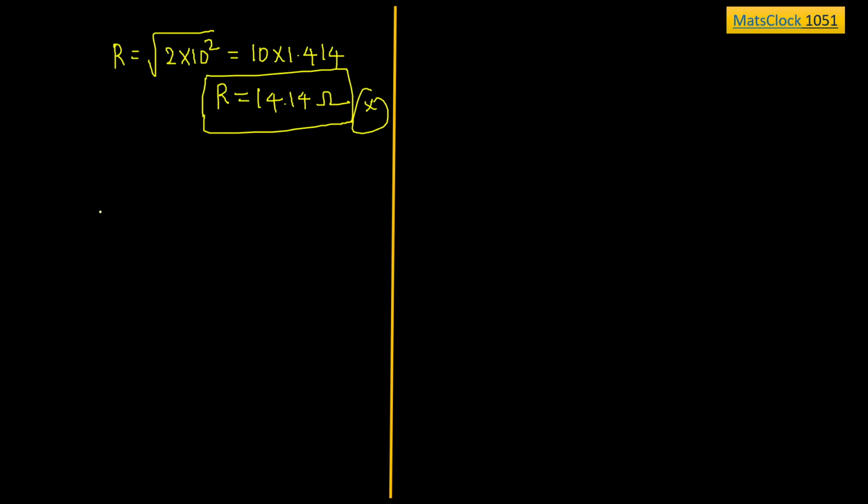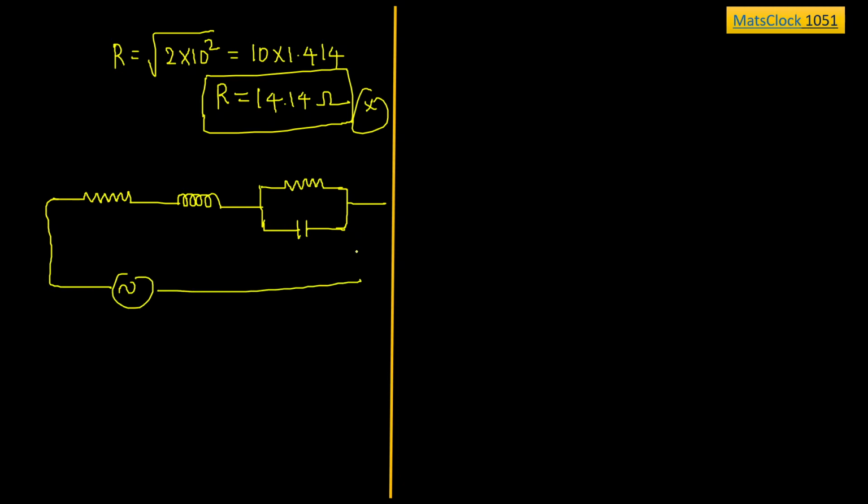The next question is, there is one resistor given, and that resistor is connected with an inductive coil. That inductive coil is connected with a parallel circuit having a resistor and a capacitance. They are connected like this. After that, they will be connected with the supply. So this is the given network.